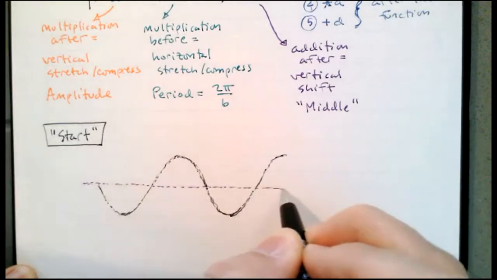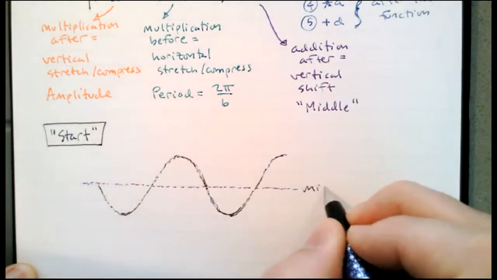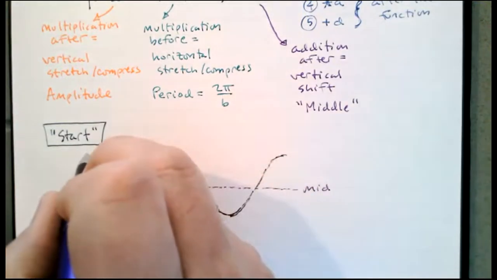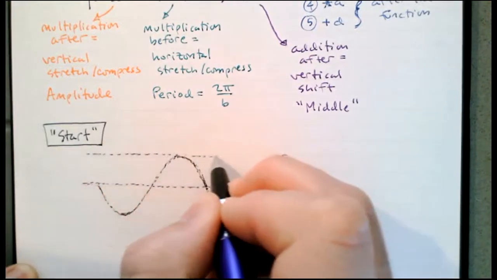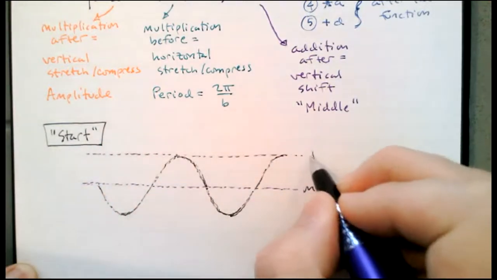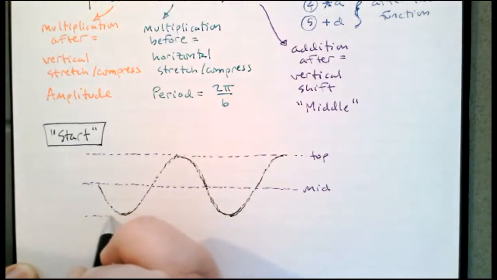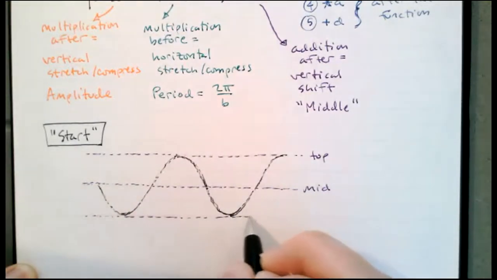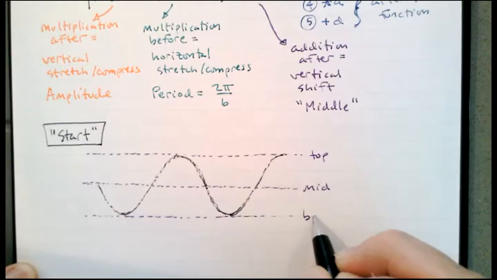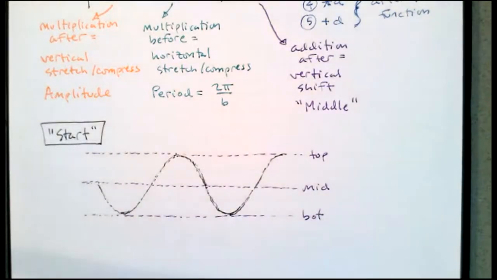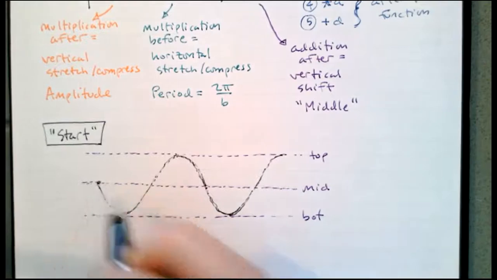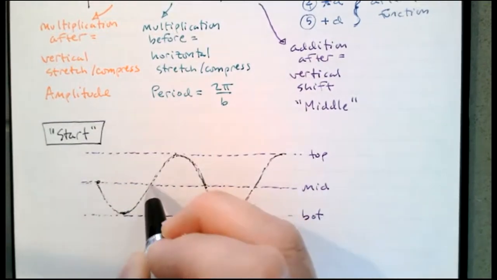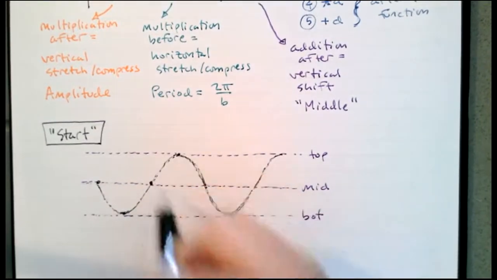So the places I refer to are the middle, and then we have a top, and we have the bottom. These are not official words, names for things. These are just words that I use to refer to them. So the four choices of starting points are what I refer to as the middle going down, the bottom, the middle going up, and then the top.